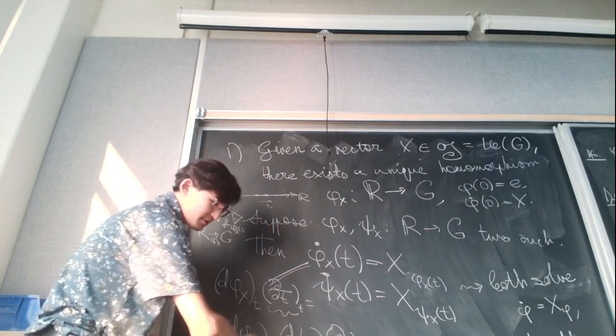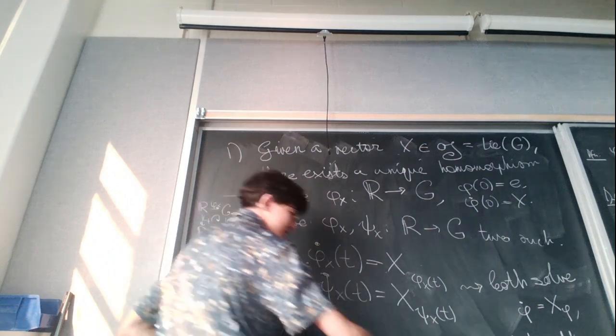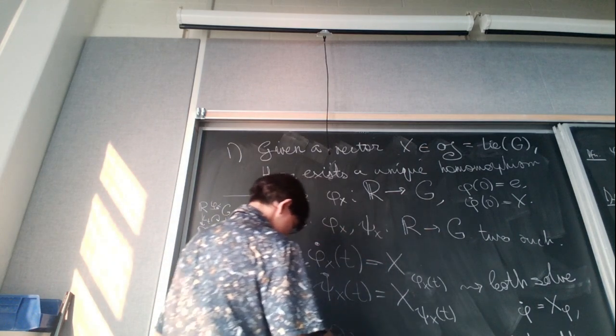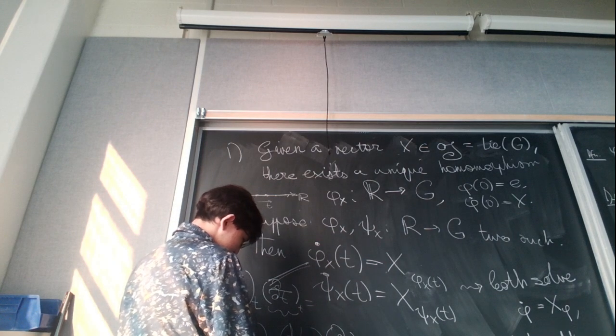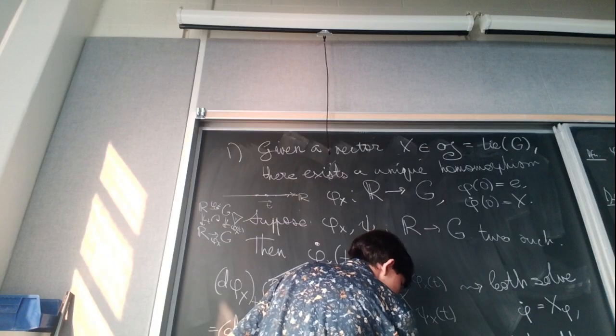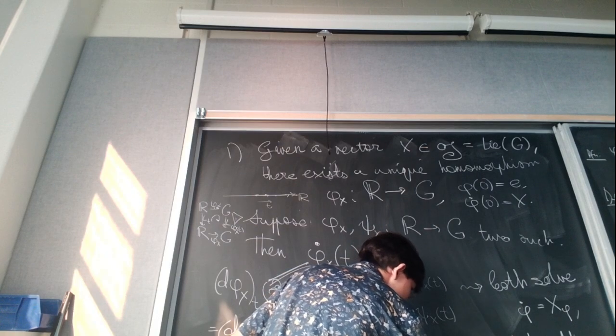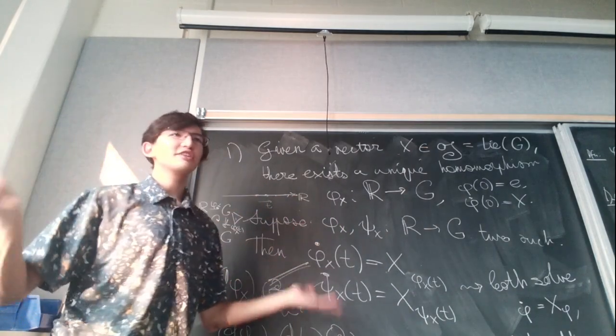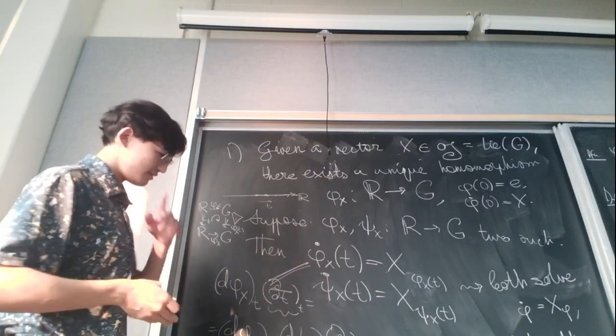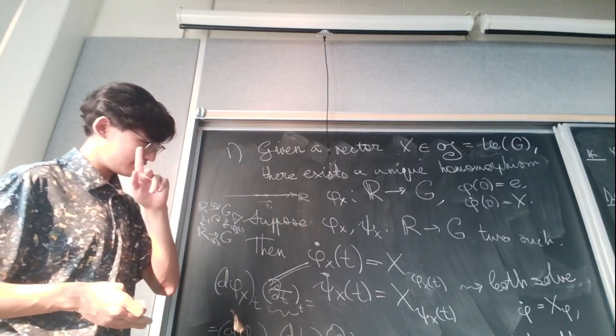And so you will just left translate x, and you'll get x at the point phi_x(t). Anyway, I don't know if you didn't get this technical explanation.